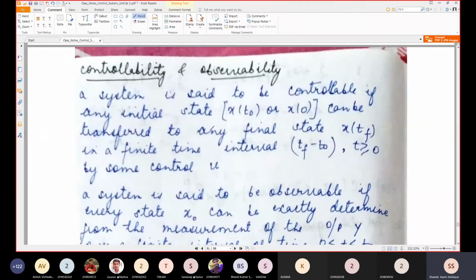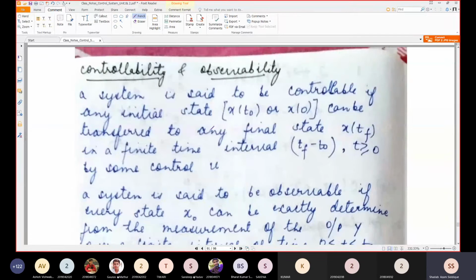So you are providing your input to the system, which means you are controlling the action of the system. Whether the system is controllable or not will be determined by controllability.